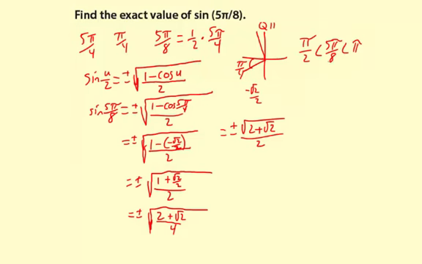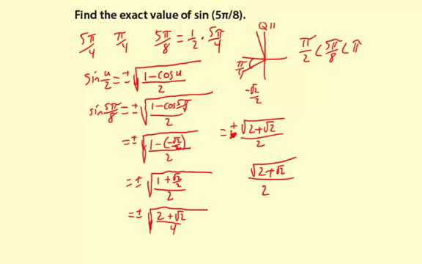So that's how you know it's quadrant 2, because 5 pi over 8 is between pi over 2 and pi. So that means our sine ratio in quadrant 2 is positive, so we're going to use the positive and not the negative. So our final answer for sine of 5 pi over 8 is the square root of 2 plus square root of 2 all over 2.